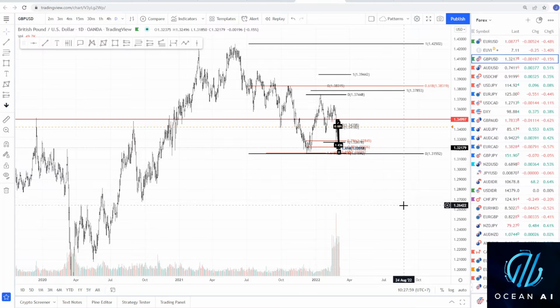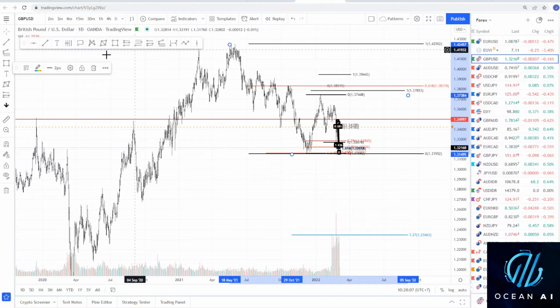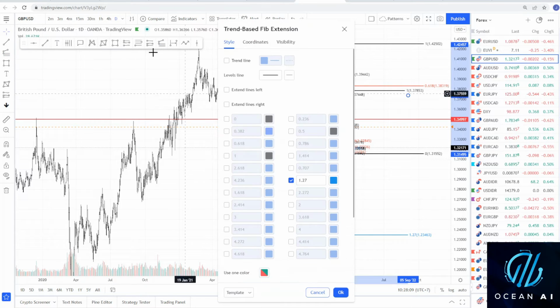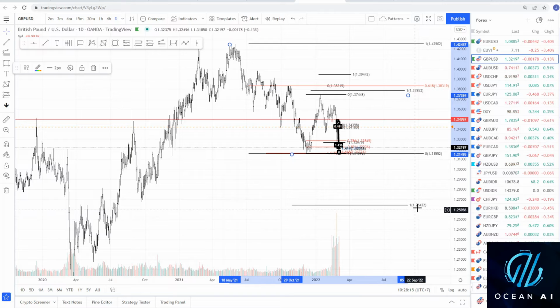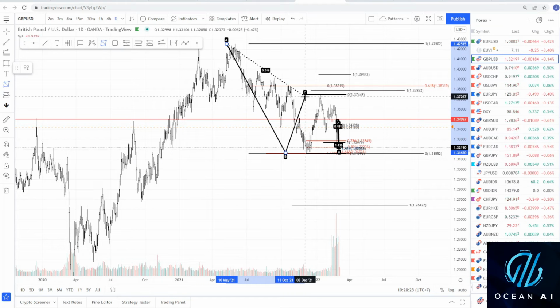Possibly even down into the, well, just roughly here. Possibly down to 127, 126 area, and that would complete that A, B, C, D down.